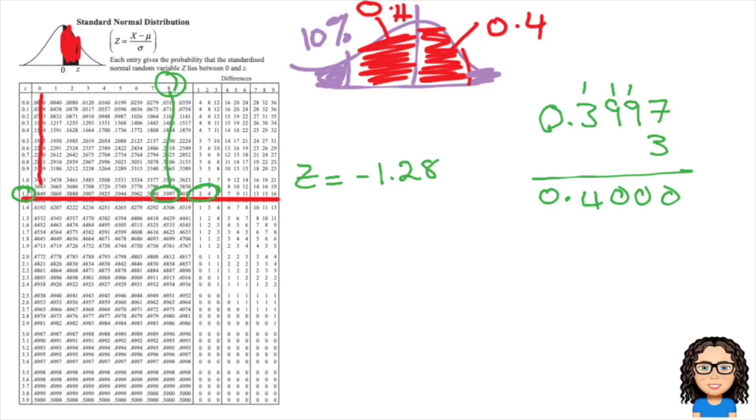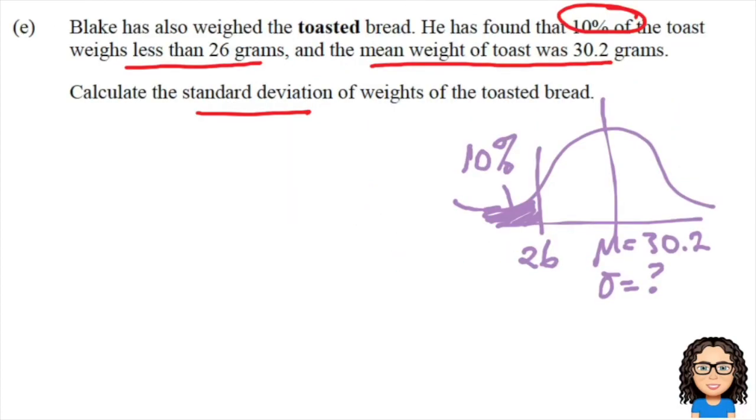So halfway between the 1 and the 2 is 1.5. So I'm going to do 1.5. So there is my Z value. So we've now found the Z value is negative 1.2815. Getting to that stage will give us a merit.